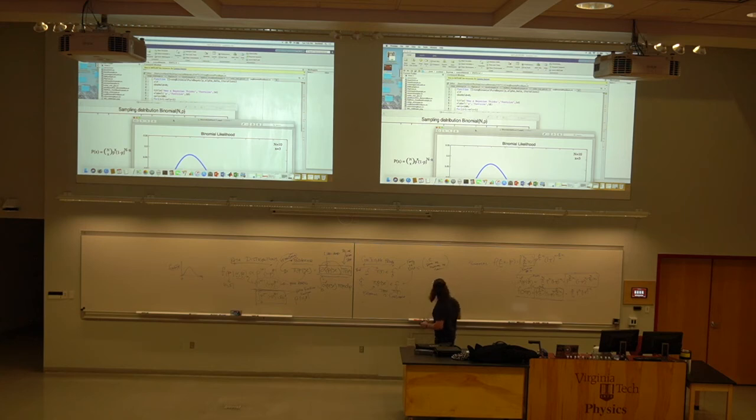So the conjugate prior. In this analysis, if I look at my likelihood function, p to the sum of the xi's, 1 minus p to the n minus sum of the xi's, right there, is beta.